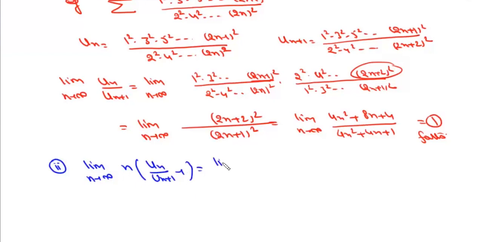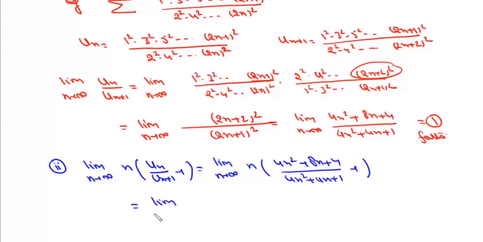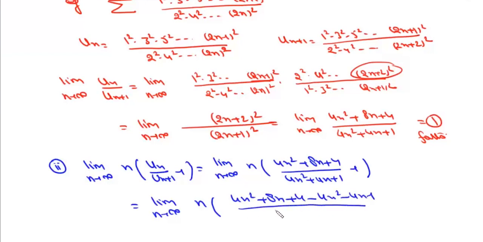So it will be this limit, n tends to infinity. Now this is n, and u_n upon u_{n+1} is (4n square plus 8n plus 4) upon (4n square plus 4n plus 1), minus 1. That will be this limit, n tends to infinity, this is n, times (4n square plus 8n plus 4 minus 4n square minus 4n minus 1) upon (4n square plus 4n plus 1).